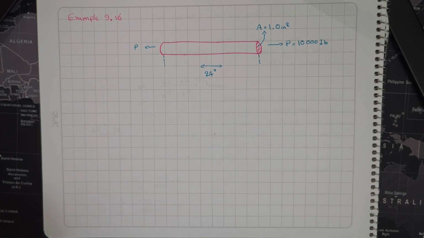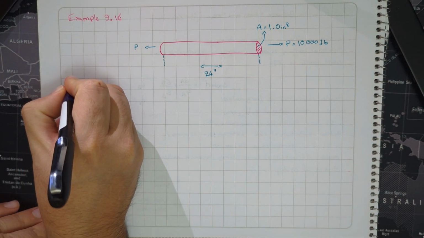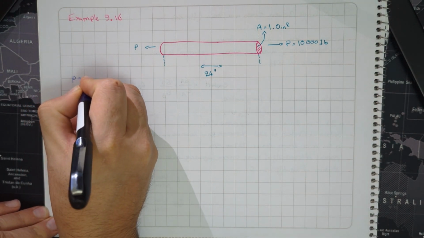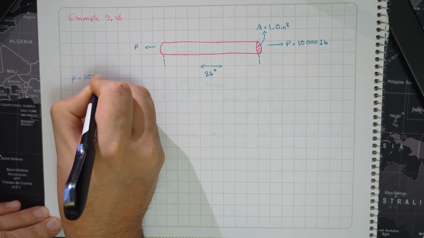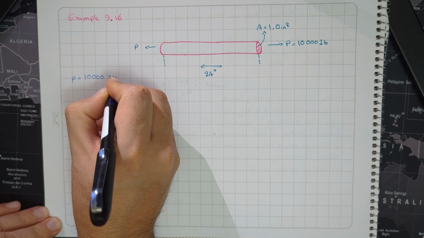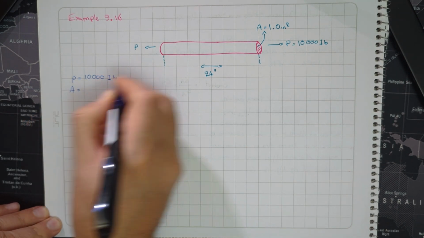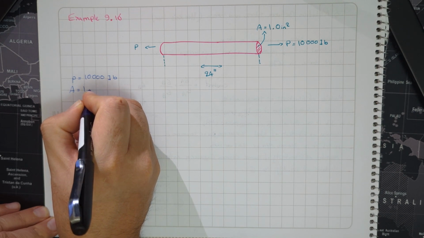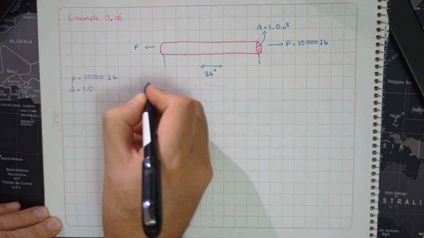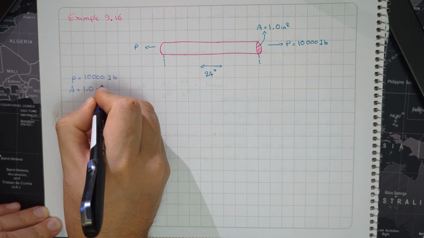So let's see what we have first. Okay, so we have P of 10,000 pounds, and we have A of 1.0 inches squared.